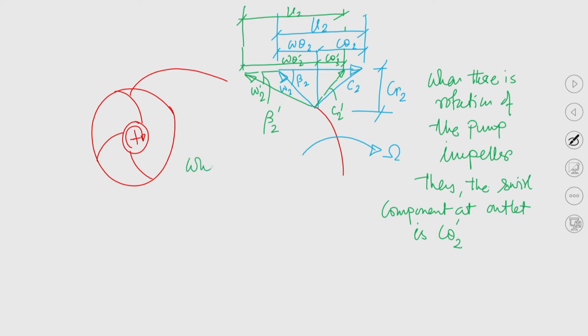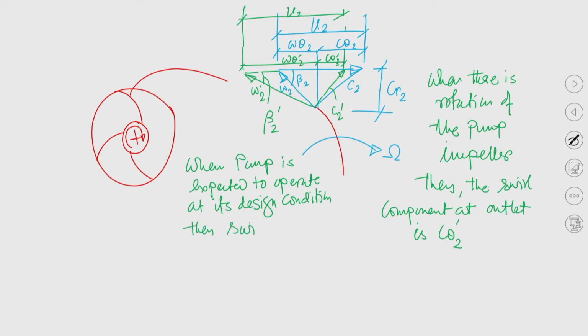So when the pump is expected to operate at its design condition, then the swirl component will be C theta 2, right.